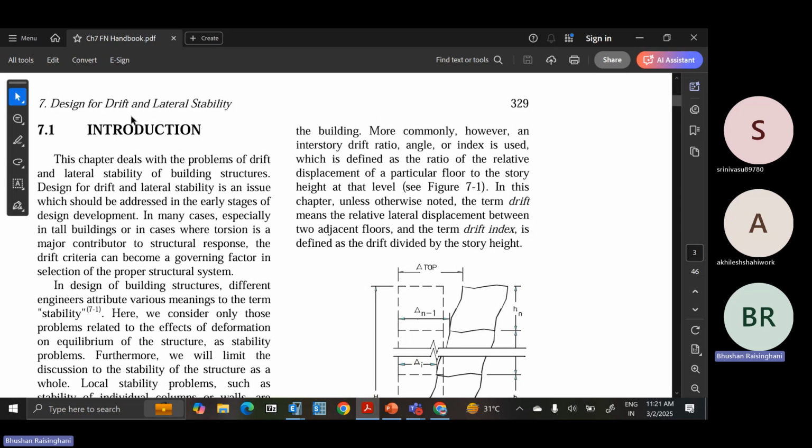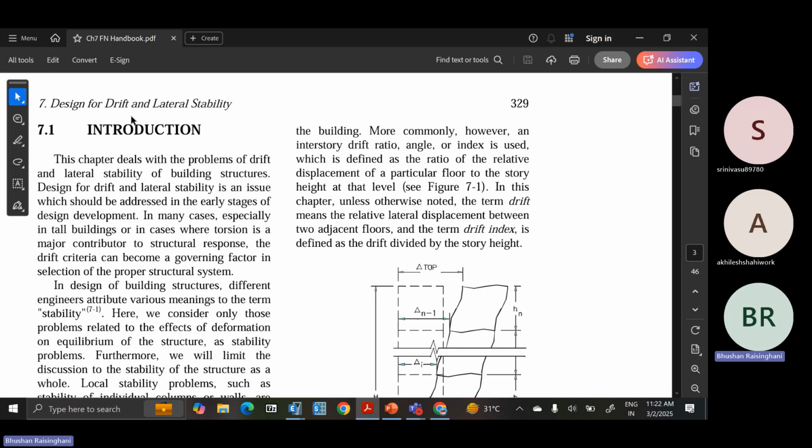So why do we call it a sway frame? Because we don't know after application of how much vertical load and lateral load combination the frame will come into the sway condition.